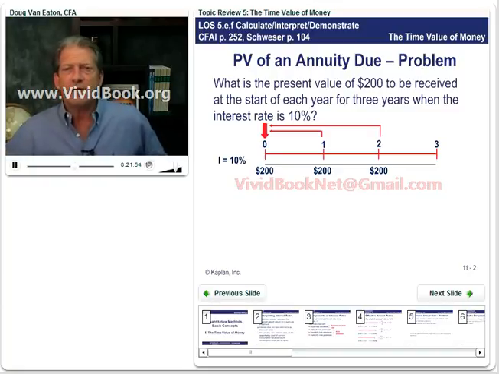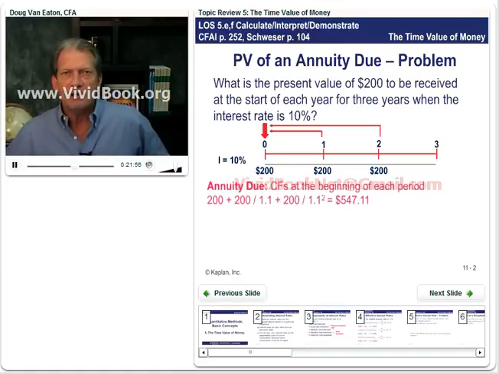So unlike when we were in end mode, now we can put that in beginning mode. Now, you see we've got $200 that earns interest for 1 year and $200 for 2 years. But now we're taking the present value, so we're dividing by each of those terms and adding them up.